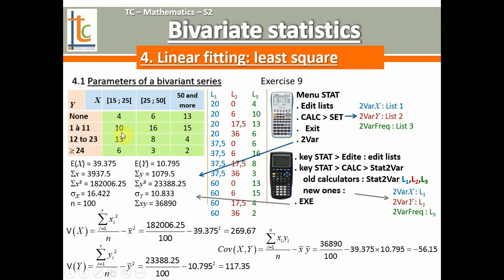Let's say that the most important frequencies in each column slide to the top if you slide to the right. So if x tends to increase, y tends to decrease for the majority of people. So this is the global trend.